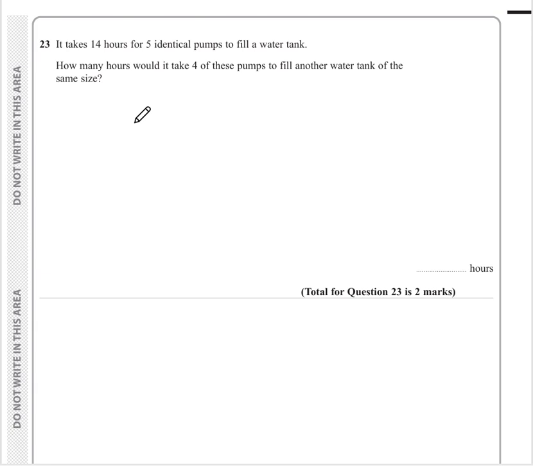Question 23. It takes 14 hours for 5 identical pumps to fill a water tank. So 5 pumps, 14 hours. How many hours would it take 4 of these pumps to fill another water tank of the same size? Just be a little bit careful with these ones.